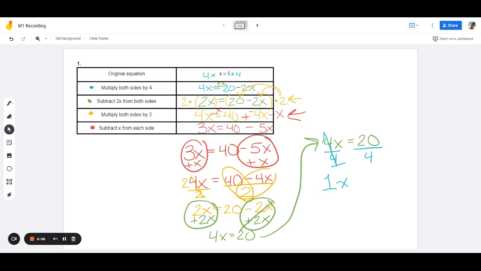Anytime you have 1 as a coefficient in front of an x, we can just say x. If it's more than that, then you write the number in front, but you don't have to write it for 1, and normally we don't. And then 20 divided by 4 is 5. Well, look at that! We ended up with the solution that we started off with in our table.